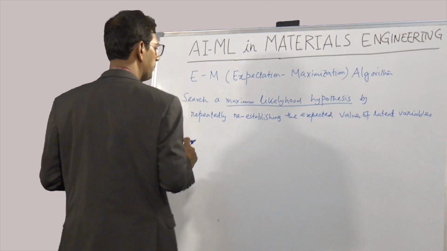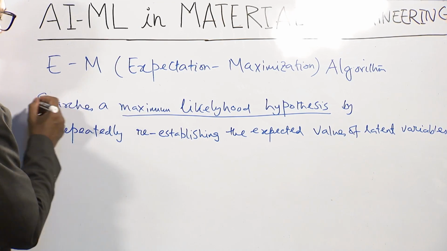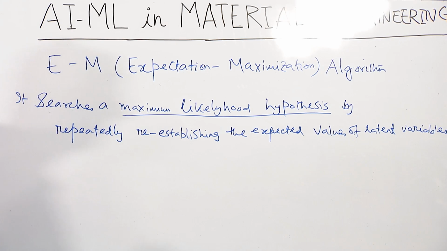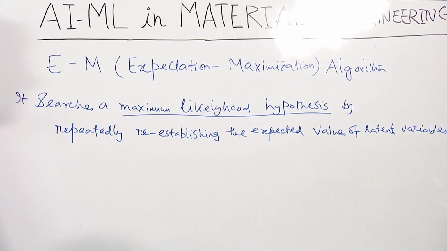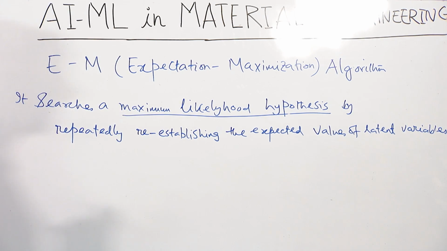Let us spend a couple of minutes here. It searches for a maximum likelihood hypothesis. A hypothesis is something which has no mathematical foundation, but it searches for that. And how does it do it? By repeatedly re-establishing the expected values of the latent variables.